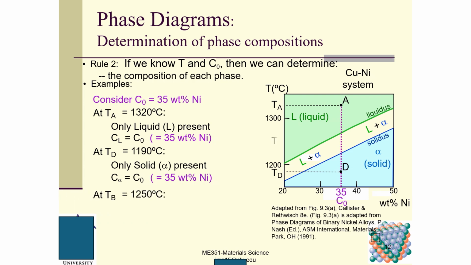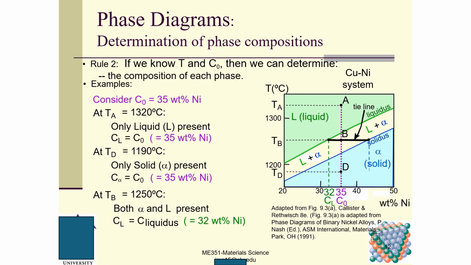And then we look at temperature B. Temperature B is special because at this point we have two different phases, L and alpha. If we draw a horizontal line, it intersects the liquidus at this point, and we get 32% for the liquid.